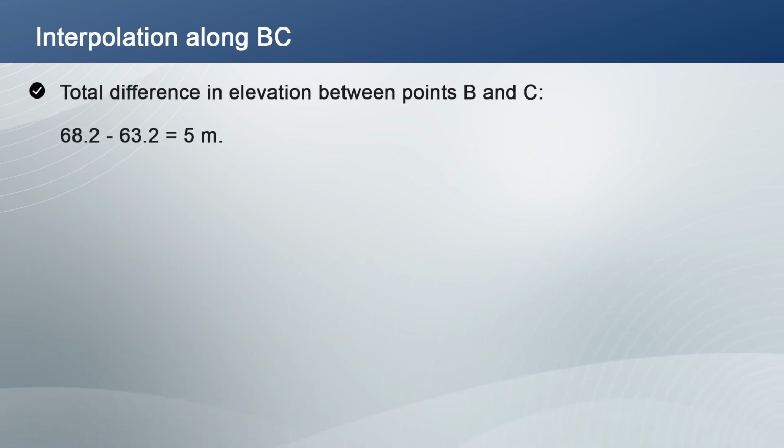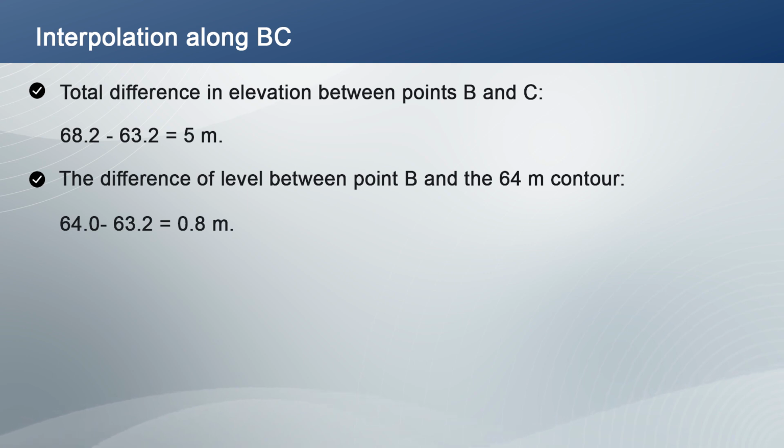Let us see interpolation along BC. The total difference in elevation between points B and C is 68.2 minus 63.2 equal to 5 meter.